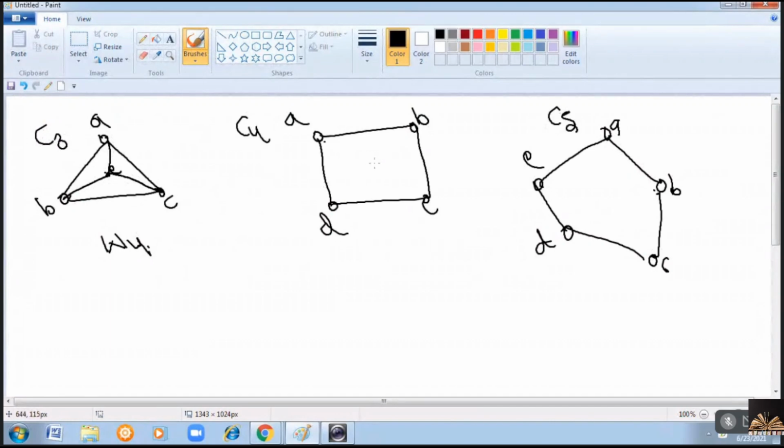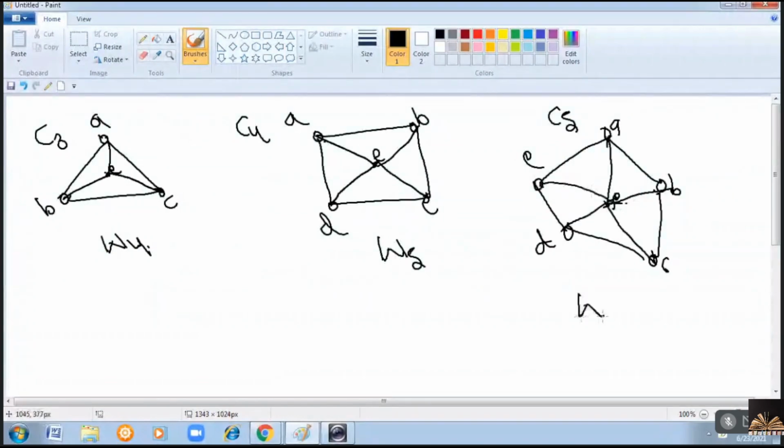Now, to this cycle, if you add a vertex in the middle, it will have edges to all the vertices in the graph. So it is W5. Similarly with this F, F to A, F to B, F to C. Right?